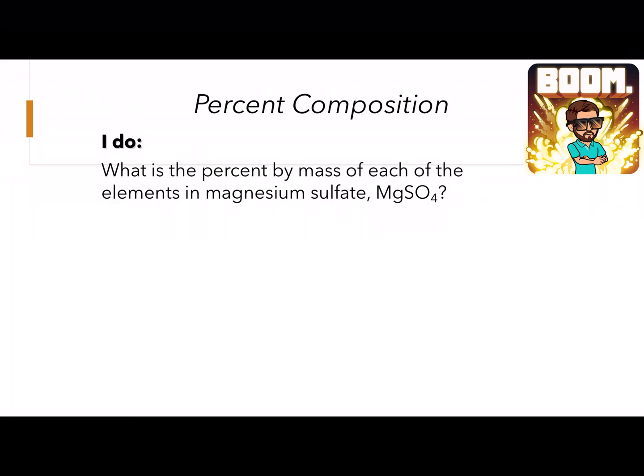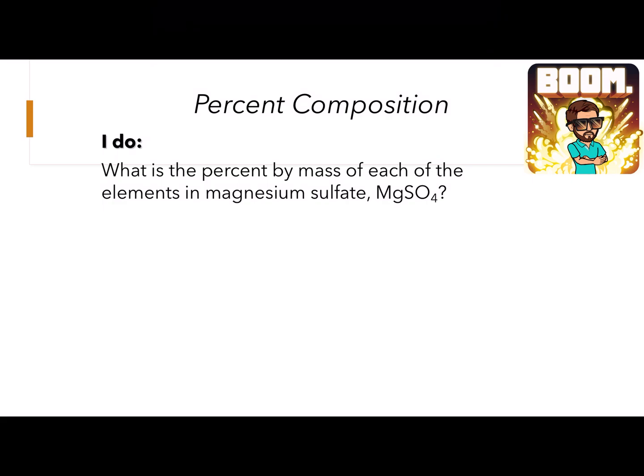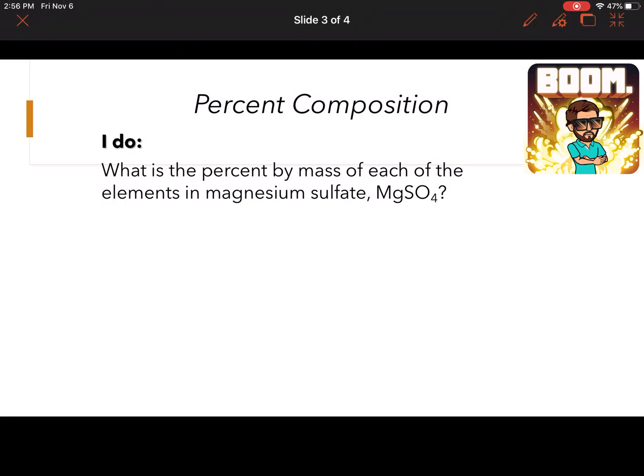So, what is the percent by mass of each of the elements in magnesium sulfate, MgSO4? So, I'm going to go ahead and I'm going to say, okay, I'm going to count them up. I got 1 magnesium. So let's write on here magnesium, and I have one of those bad boys, and magnesium has a molar mass of 24.305 grams per mole.